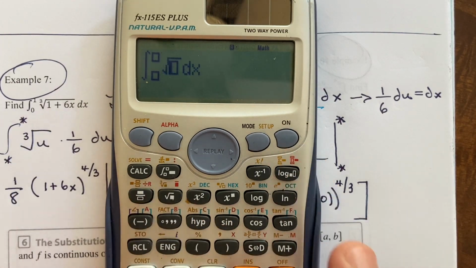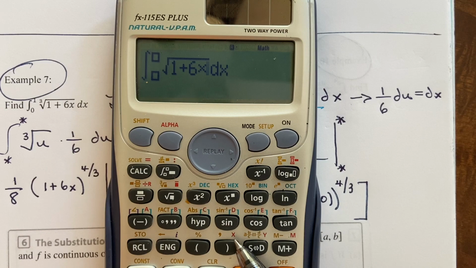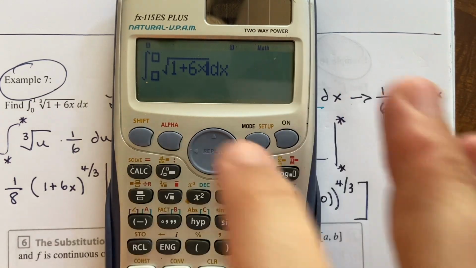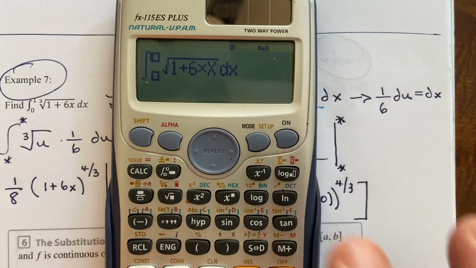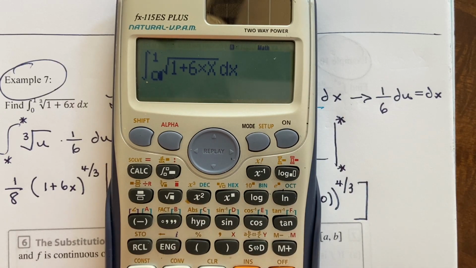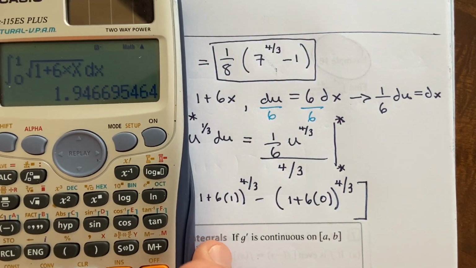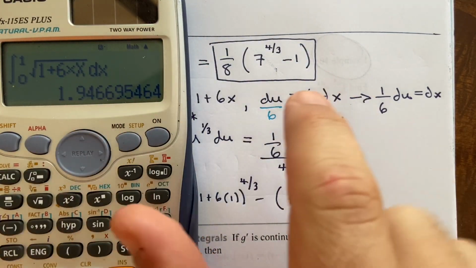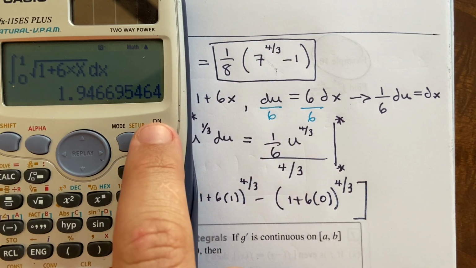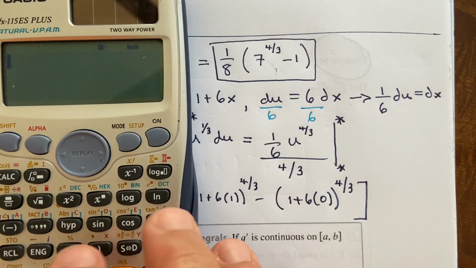So I have the square root of 1 plus 6 times, and then to access x, it's right here. So I'll go alpha right parentheses, scroll up, 1, down, 0, press equals. It's going to give you an approximate. Again, another reason why this is not a great way to produce all your answers. But if you just memorize real quick that number, let's type this in to make sure it matches.